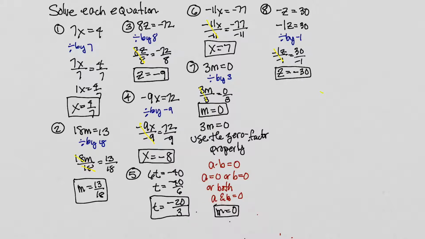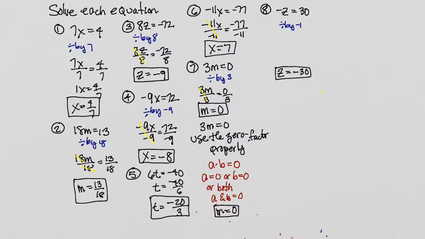Now, here's what we could have done. How about if we try this? Let's get rid of all that. We know that negative z is equal to 30. So in our head, we just divide by negative 1. This is what's in my head.